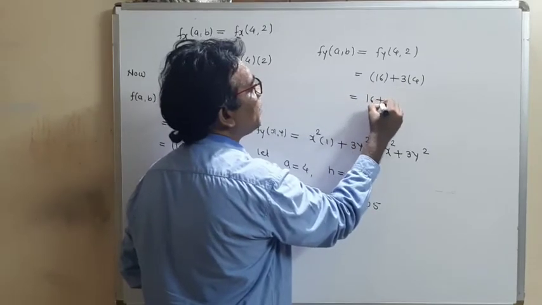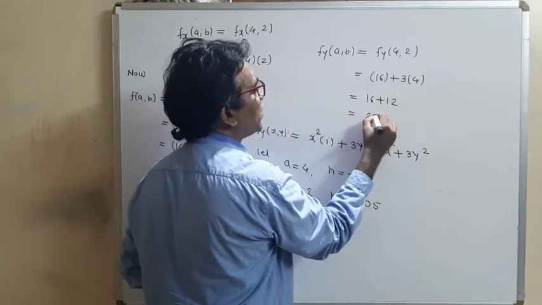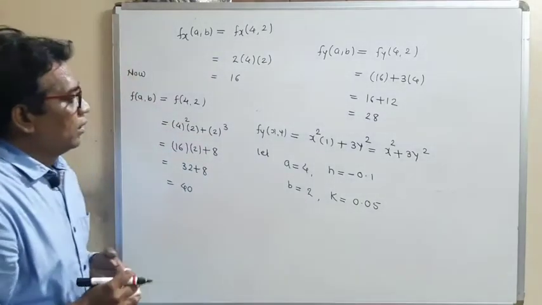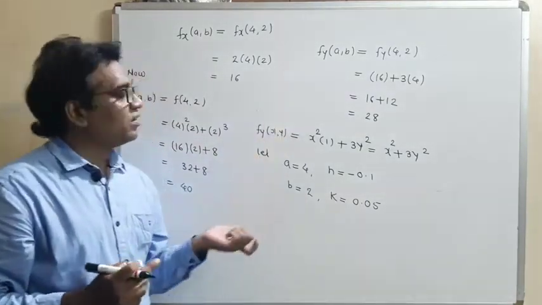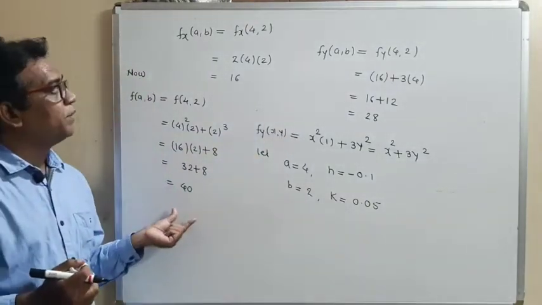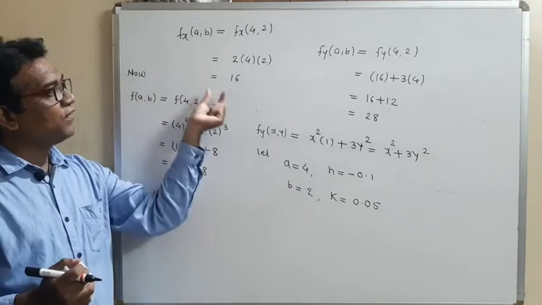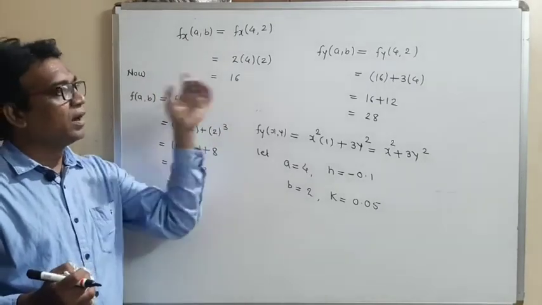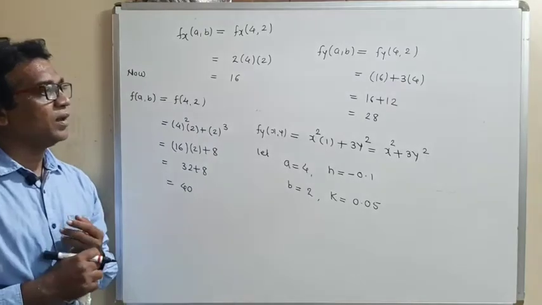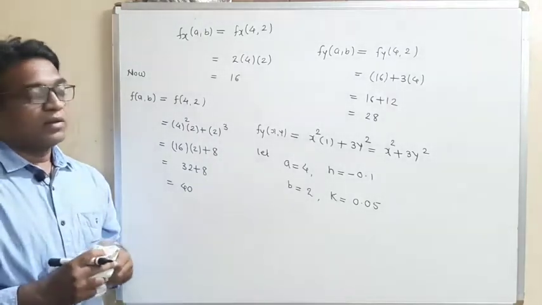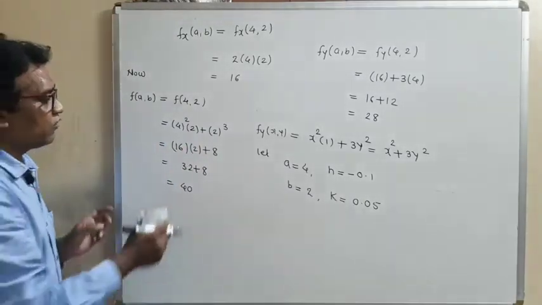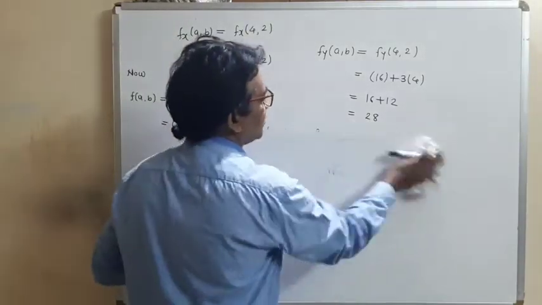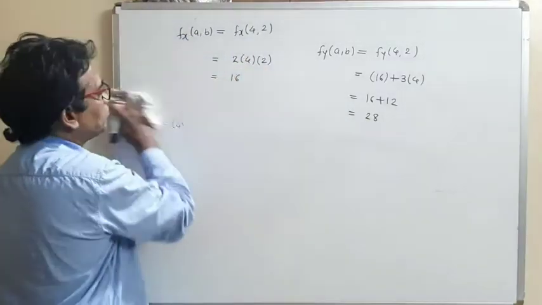So 16 plus 12, so this is 28. So we have found all the 3 functional values. We have found f of ab, it is 40, we have found fx at ab, it is 16, and we have found fy at ab, it is 28. Now use the differential formula for finding the approximate value. So write down the formula.